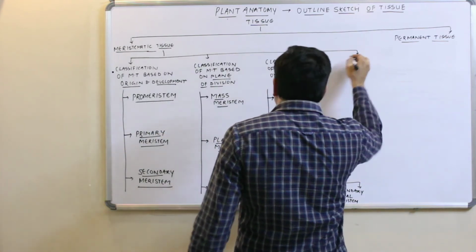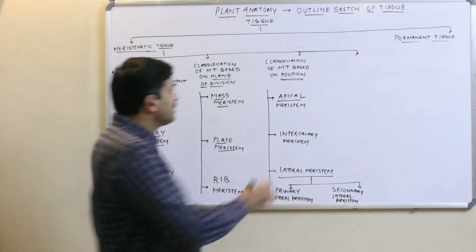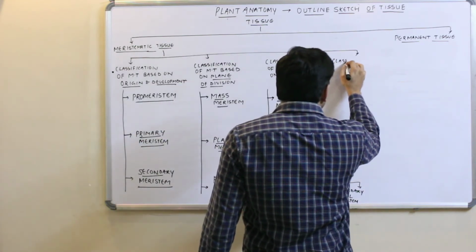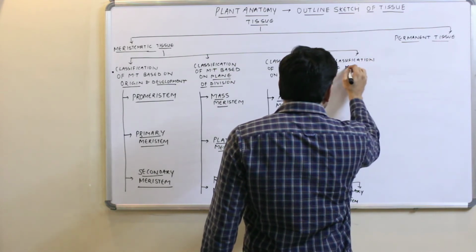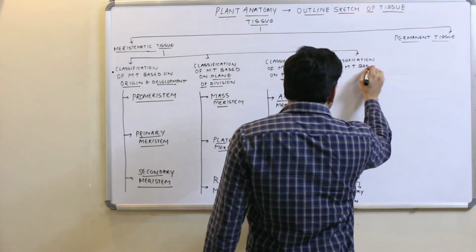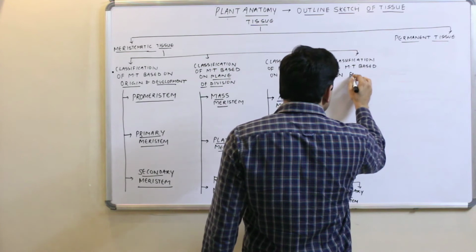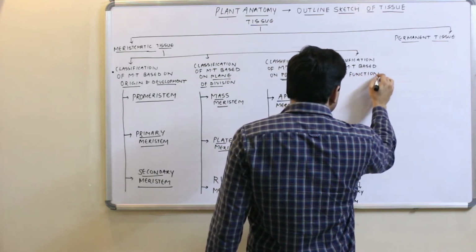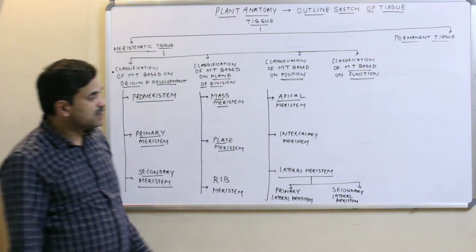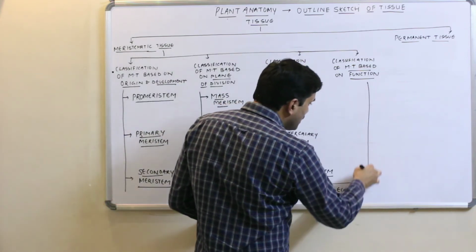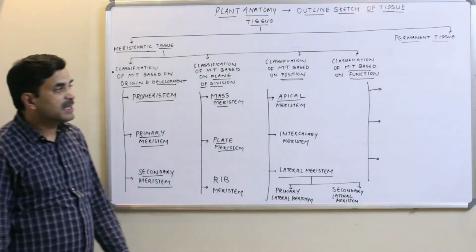And the last one, the meristematic tissue can also be classified based on function. So, classification of meristematic tissue based on function. Again, on the basis of function, the meristematic tissues are classified into three categories.